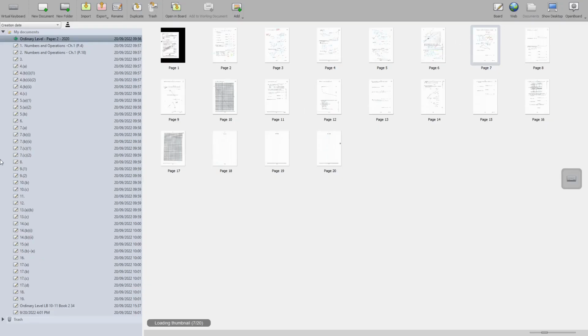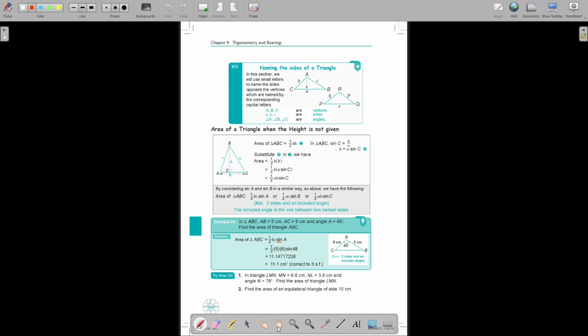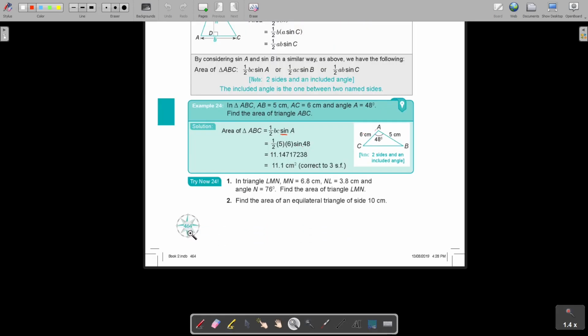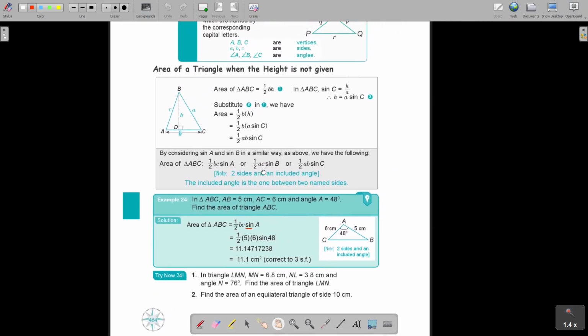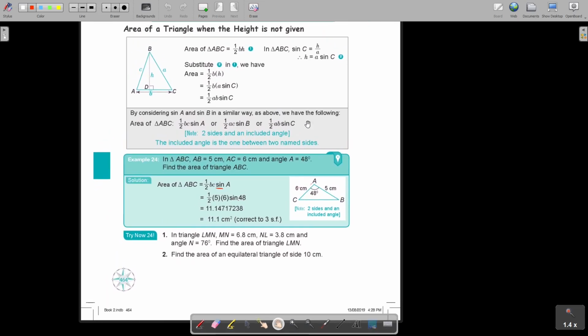Again, I'm taking you to the textbook, and it's question 10C. Let's see what is the page that's going to help you a little bit. So page 464, and this is again in book 2, part 2. I'm just going to show you this last question. Now, the formula is very simple.